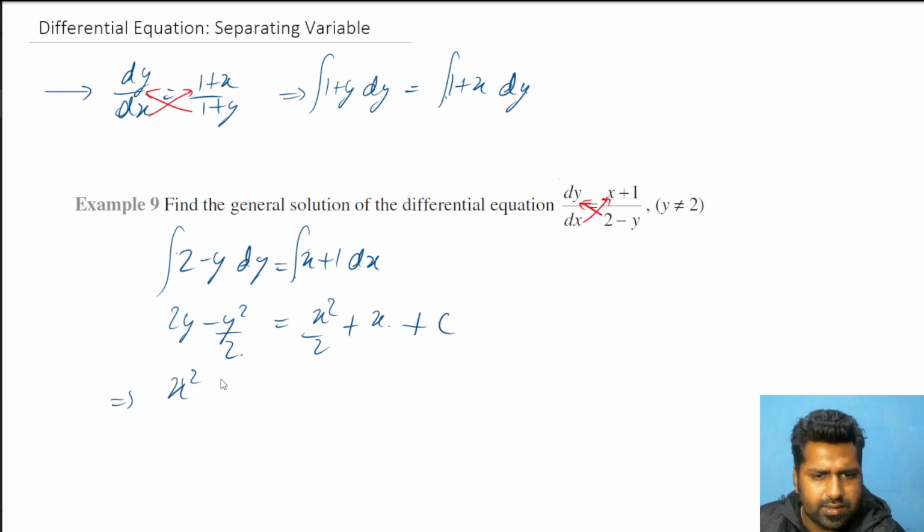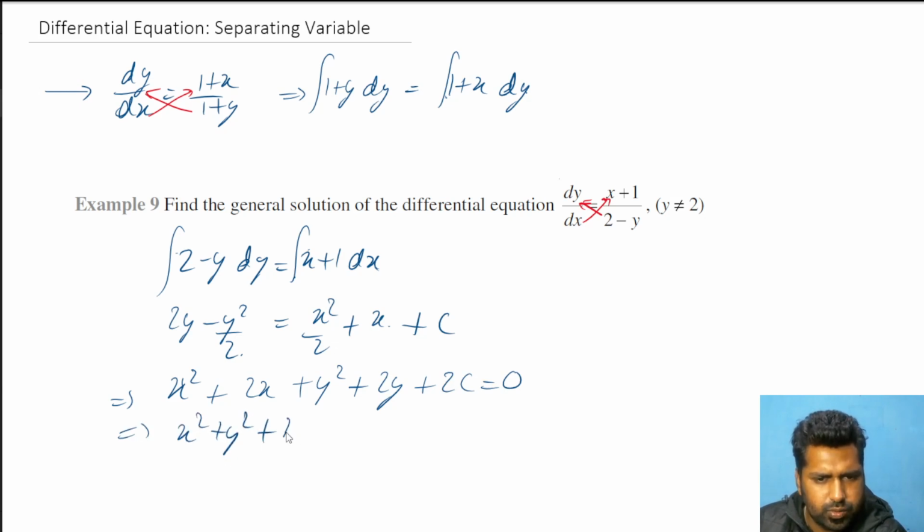So x square plus 2x, this y square will come also here, plus 2y. Plus, if you take the LCM, it will become 2c equal to 0. So we'll say x square plus y square plus 2x plus 2y plus 2c.